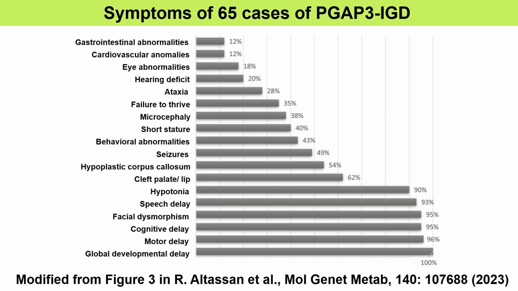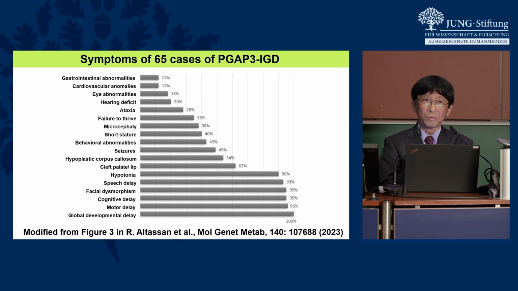And if mutations are severe, then the other symptoms appear. So again, the central nervous system is the most sensitively affected by the partial loss or the dysfunction of the GPI-anchored proteins.